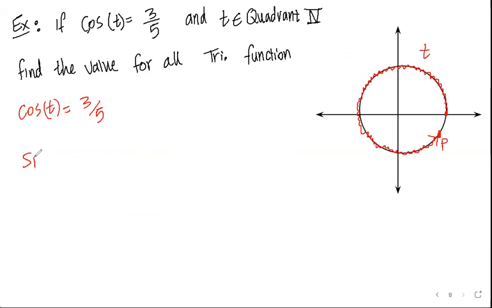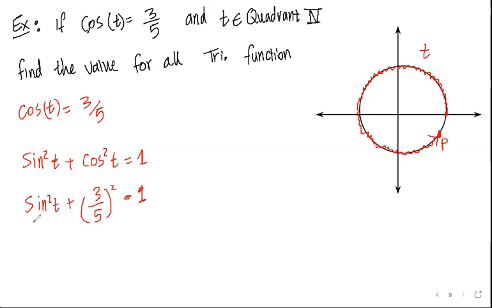So sine square of t plus cosine square of t equals 1. The cosine is given 3/5. So sine square of t plus 3/5 square equals 1.